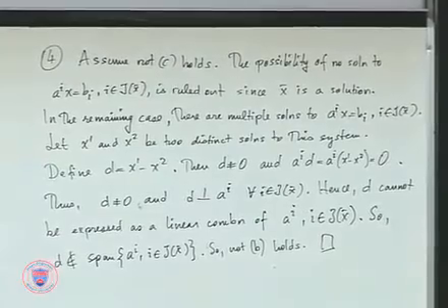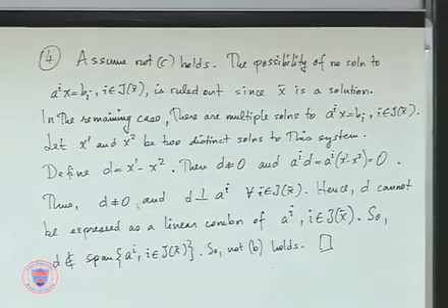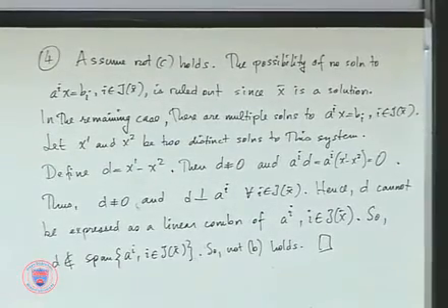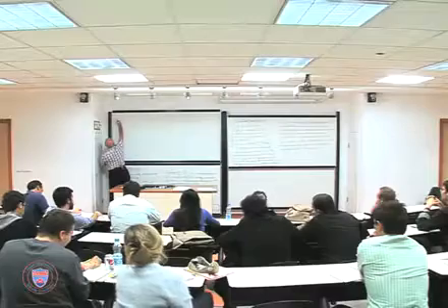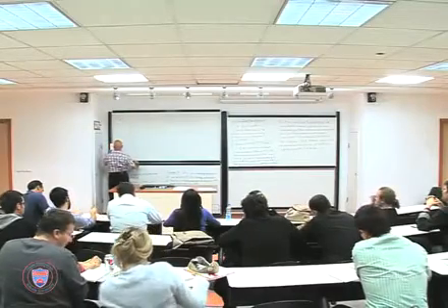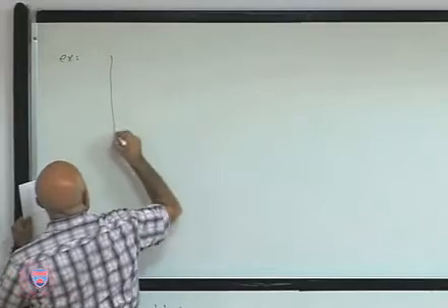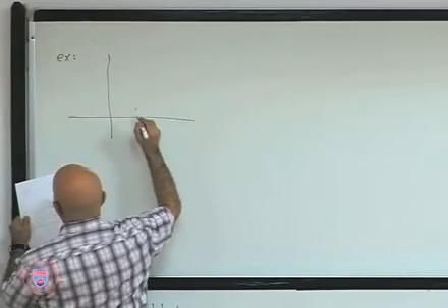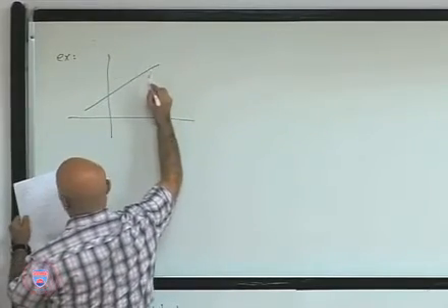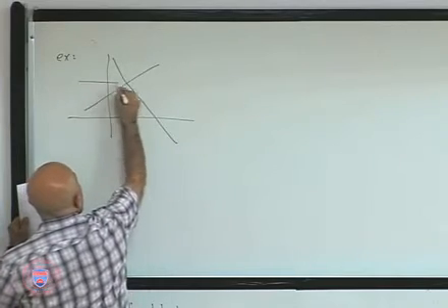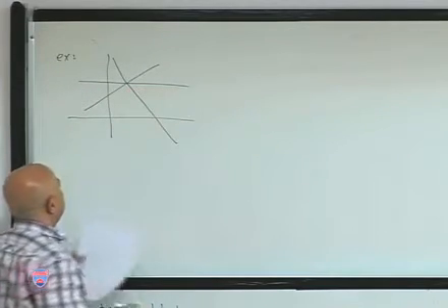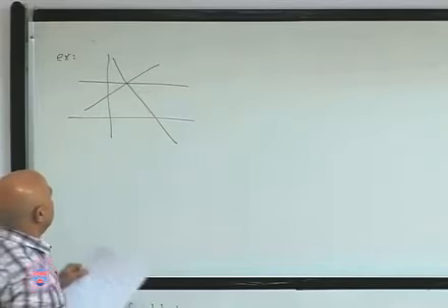All right, so anyway, let me illustrate a few things about these. Suppose I've got, say, 5 half spaces.